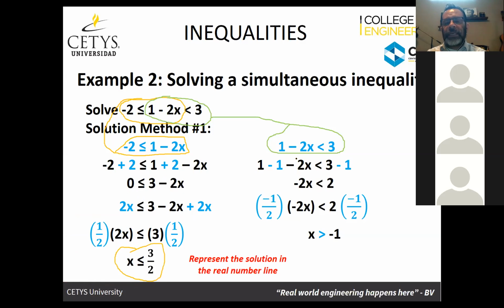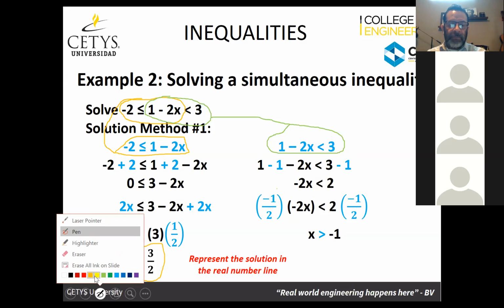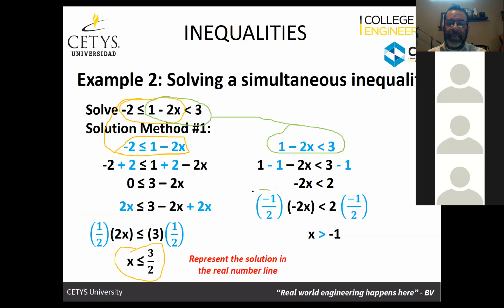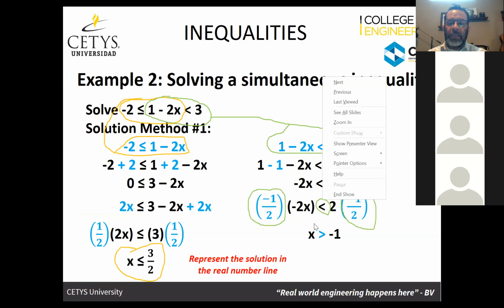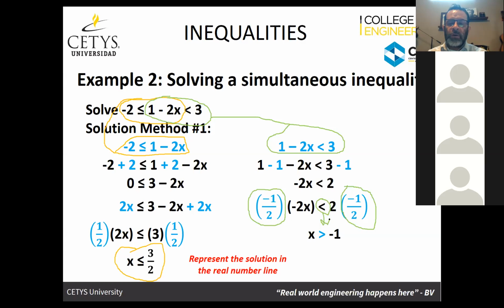Okay. Next up, we've got the other part of the inequality, which is 1 minus 2x less than 3. We're going to subtract 1 on each side. This is going to give us minus 2x less than 2. And then we have to eliminate this -2. So this is an example where we're going to be multiplying by a negative number. Okay, we're multiplying by a negative quantity here and here. And so if we multiply by a negative quantity, then the symbol of the inequality is going to flip.